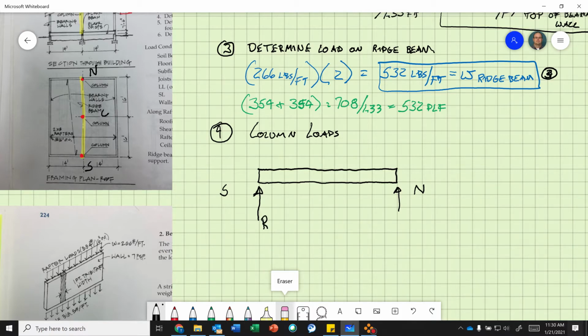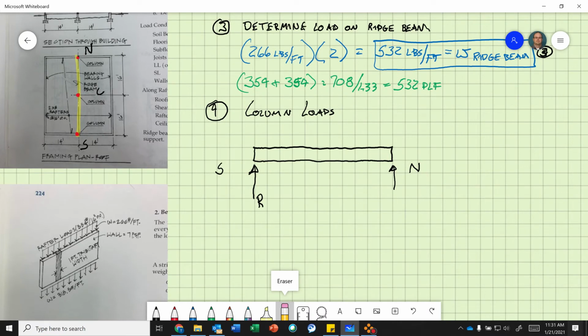Reaction, sorry, reaction south column, reaction north column, and then we also have the center column.